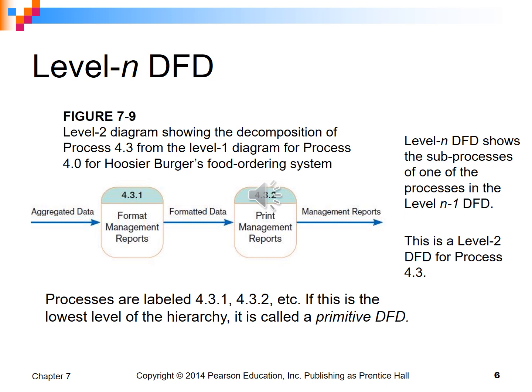Aggregate data is the input and management report is the output. So every time we go to a nested DFD, the first thing we check is whether it is balanced or not. Balanced means the number of inputs and outputs leaving that process are the same in the two levels.